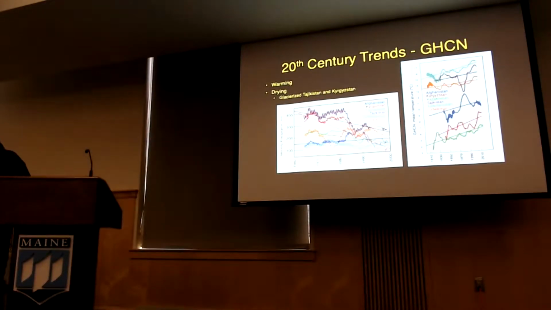Some alarming trends in the 20th century in the high countries. Purple and red here is Kyrgyzstan and Tajikistan, where that water collects. When the water tower fills up, it's getting drier there, and also you see it's warming. So that critical seasonality that we see is threatened.